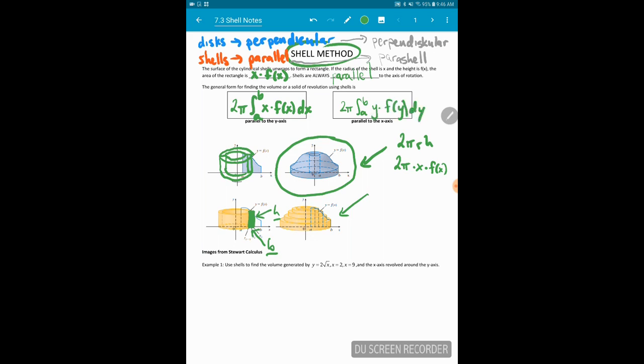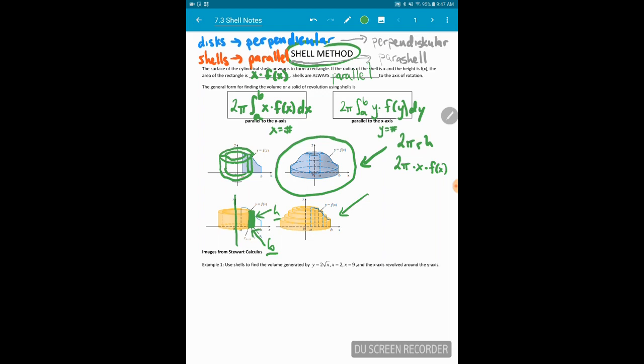Notice that if we're parallel to the y-axis, that means we're parallel to x equals a number. And if we're parallel to the x-axis, that means we're parallel to y equals a number. So if we're rotating it around the y-axis, we actually do things in terms of x in this particular problem.